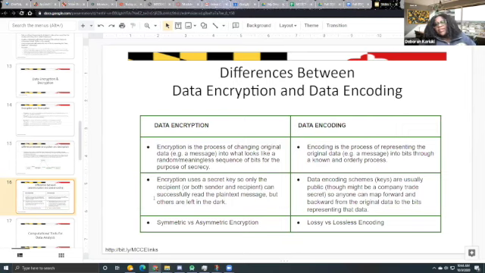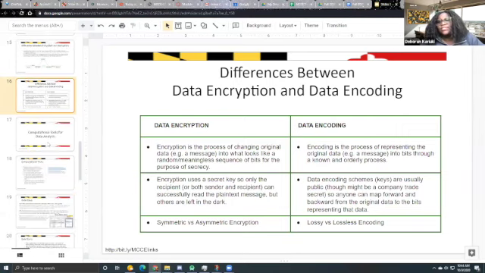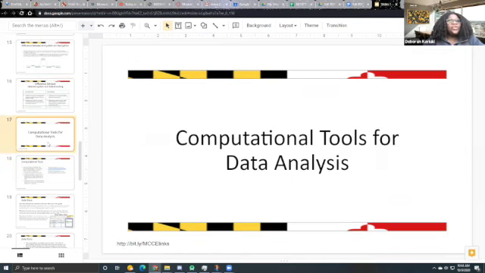Please review those again and understand them, because this is the level that you're supposed to understand about data encryption and data encoding. And now we will go to tools, and Nick will take you through the tools that we use for data analysis.